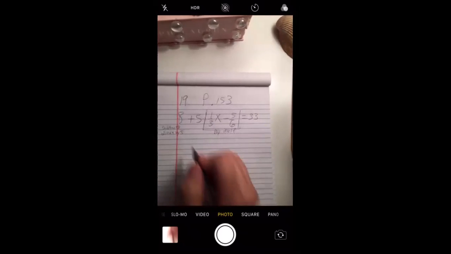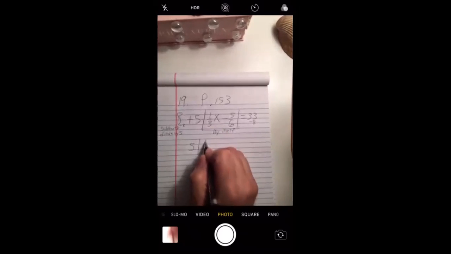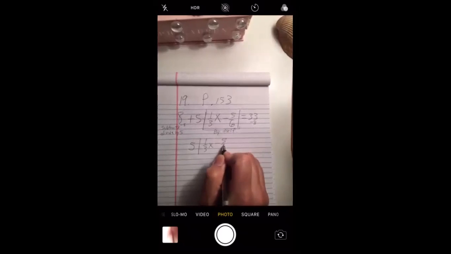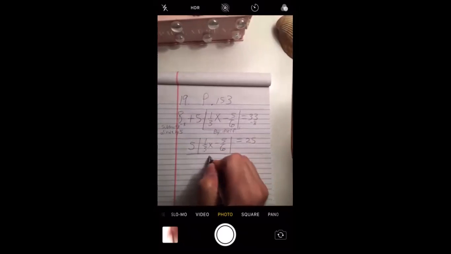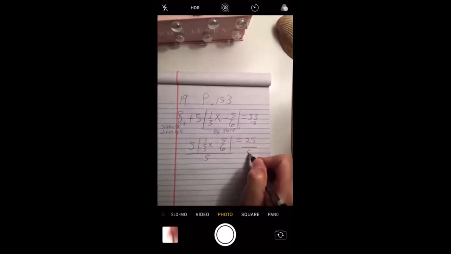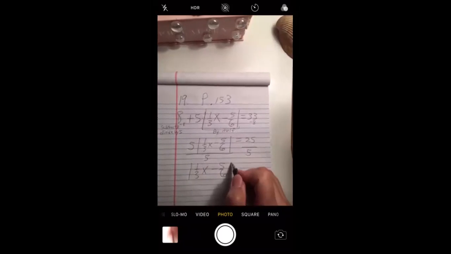So minus 8, minus 8, 5 times the absolute value of 1/3 x minus 5/6 is going to come up 25. Divide by 5. The absolute value of 1/3 x minus 5/6 is going to come up equal to 5.